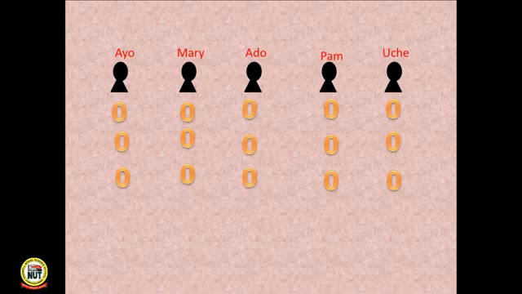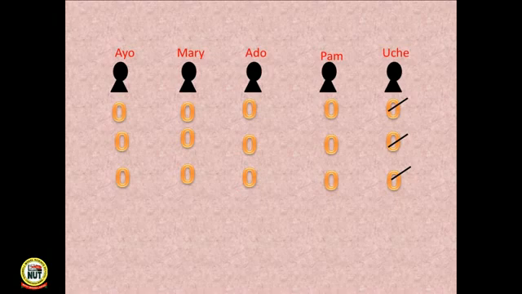Now, what's the next thing to do? We need to count and find out how many each person has gotten. Are we together? Let's count with me: 1, 2, 3. Uche got how many oranges? 3 oranges.